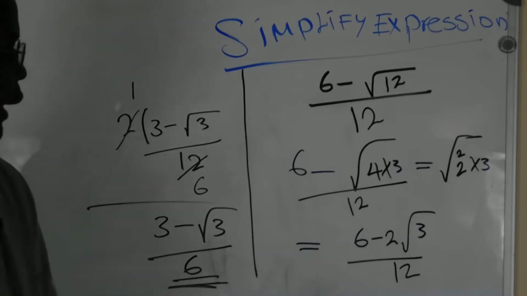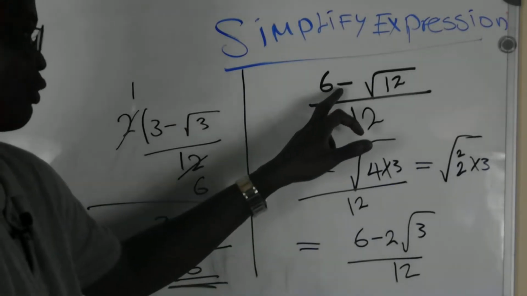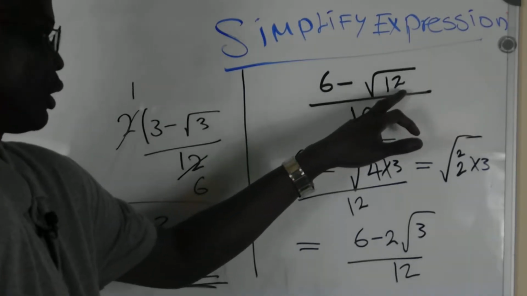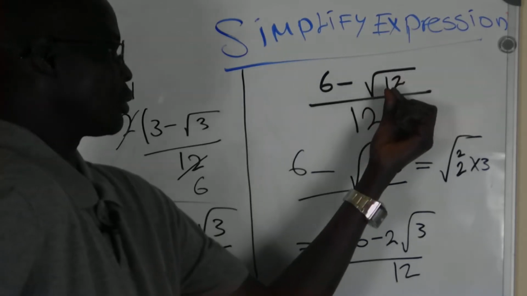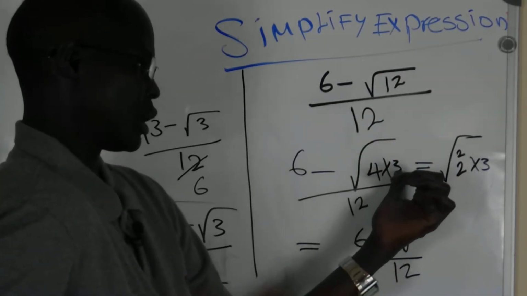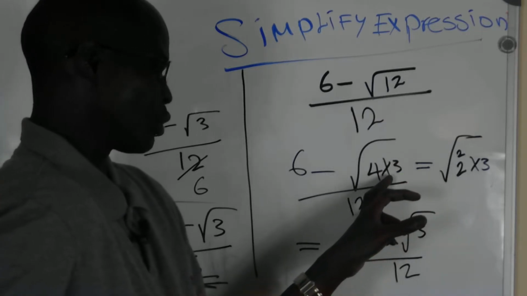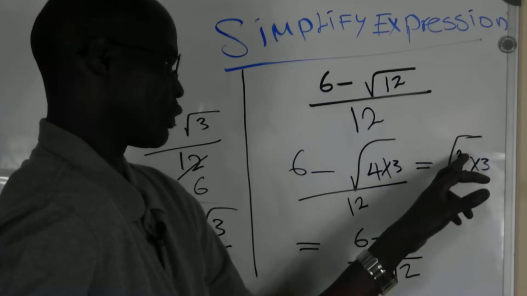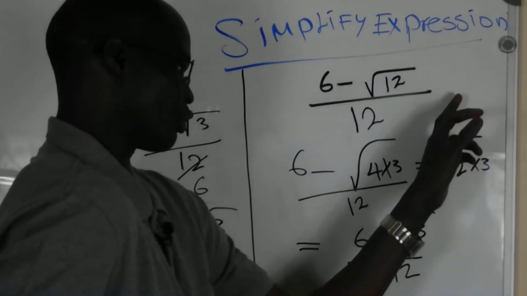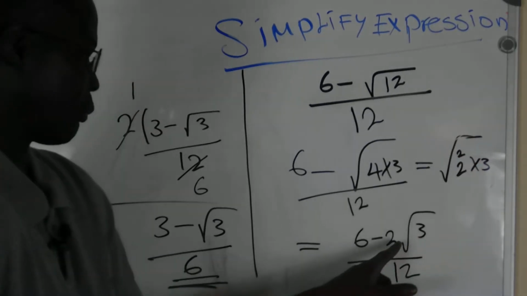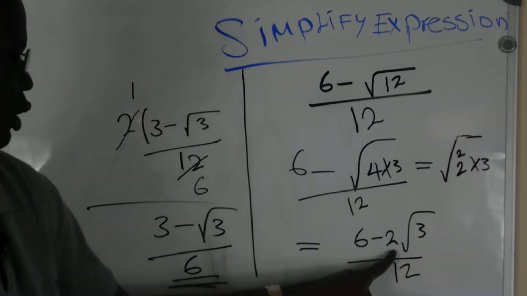So let's go through it again. We have 6 minus root 12, and as I said, 12 is 4 times 3. To take the 4 out, the root of 4 is 2, so you get a 2 out of the root.